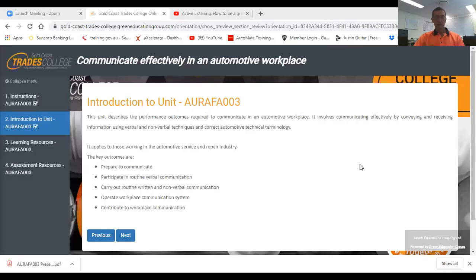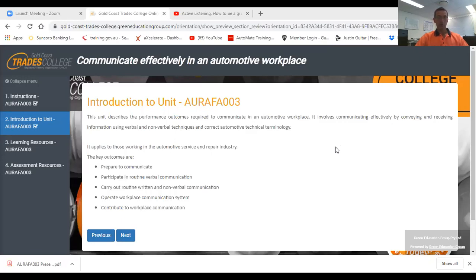As I mentioned, this is a unit on communicating effectively, AURAFA003. It describes the performance outcomes required to communicate in an auto workplace. It involves communicating effectively by conveying and receiving information using verbal and non-verbal techniques and correct automotive technical terminology.